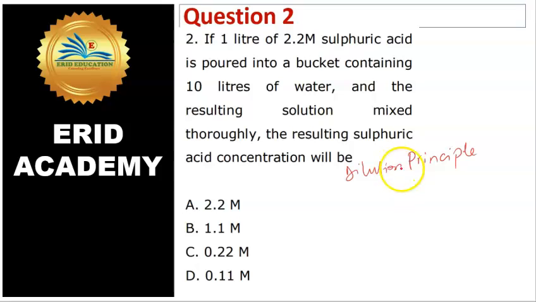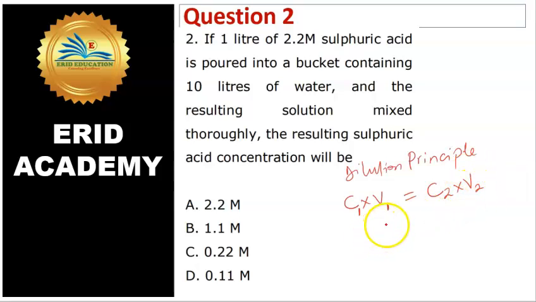If you have to calculate the concentration of the resulting solution, it's pretty simple. All you have to do is take concentration multiplied by volume. So initial concentration multiplied by initial volume should be equal to the next concentration multiplied by the resulting, that is final, volume.